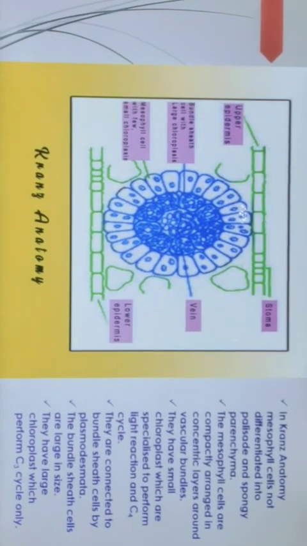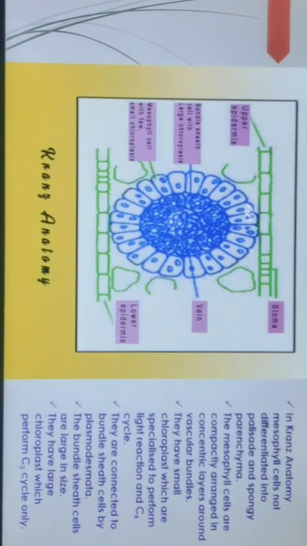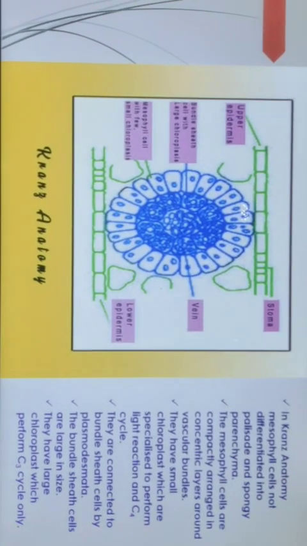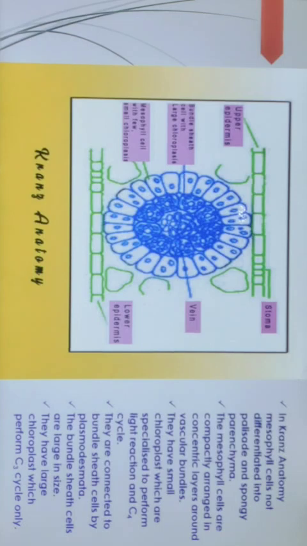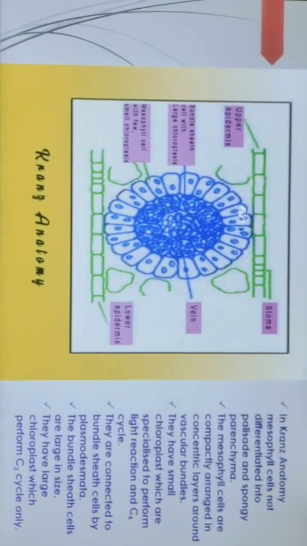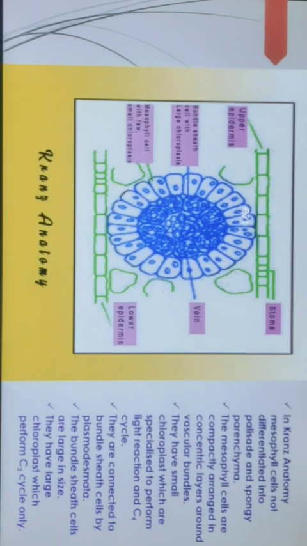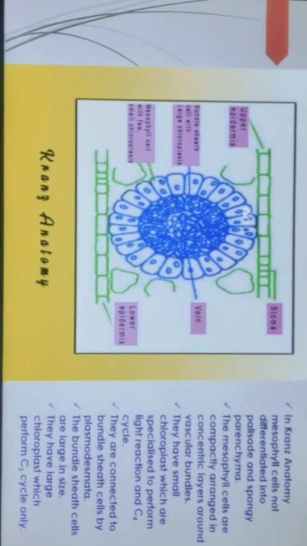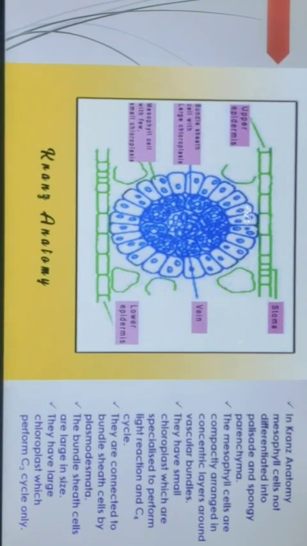So this kind of anatomy which occurs in the leaves of C4 plants, in which the bundle sheath cells are arranged in a wreath-like manner, is known as Kranz anatomy.